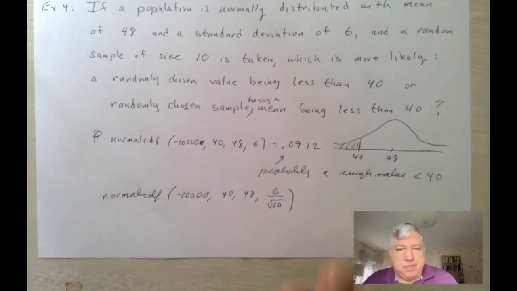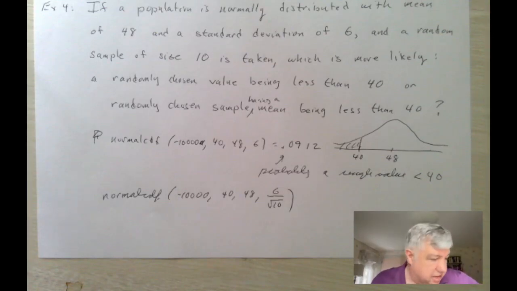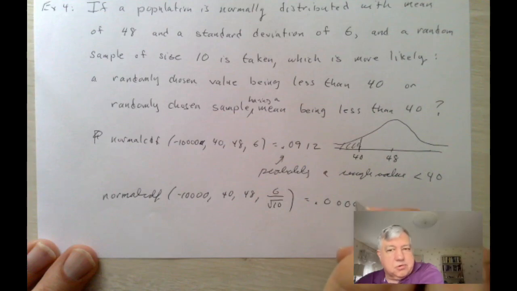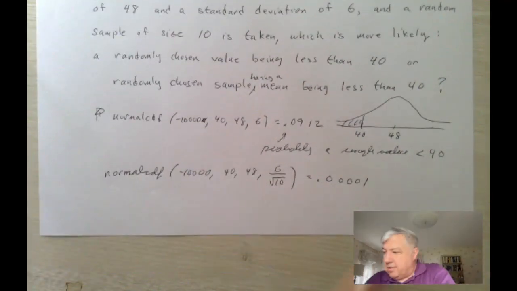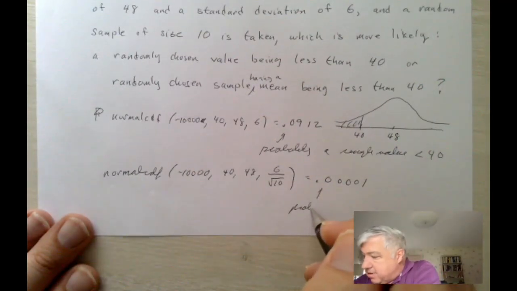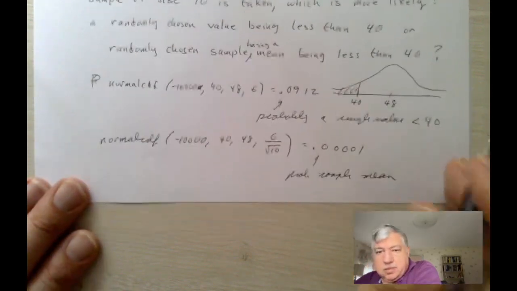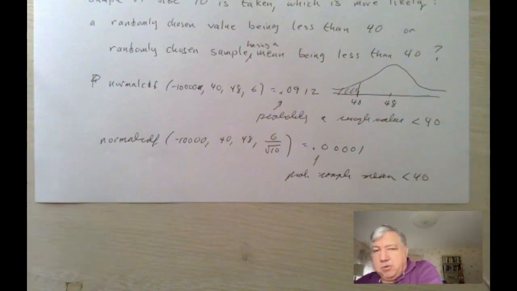Okay, I didn't compute what that is, but that's that standard deviation. And this turns out to be 0.00001. Okay, so this is the probability that a sample mean is less than 40. Almost 0.